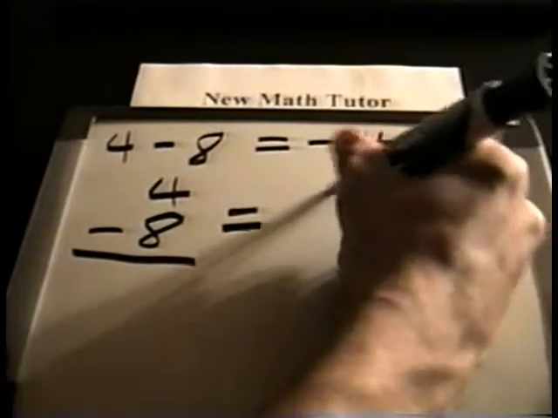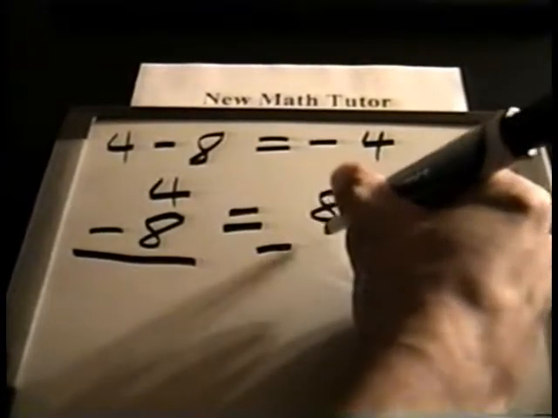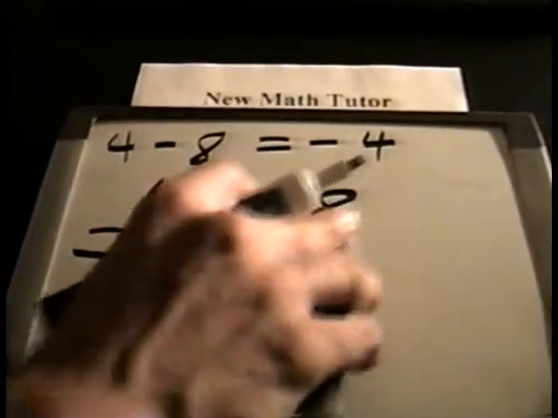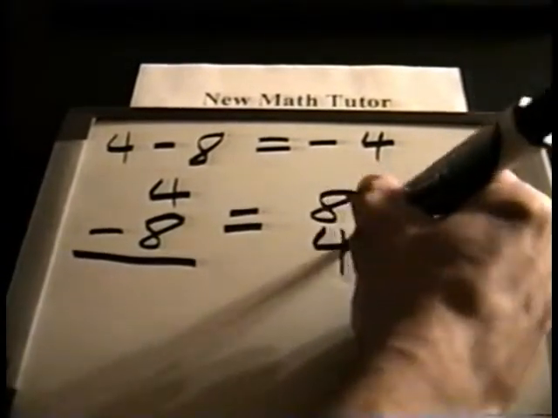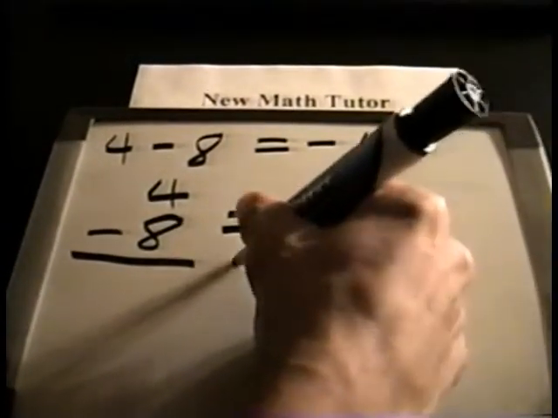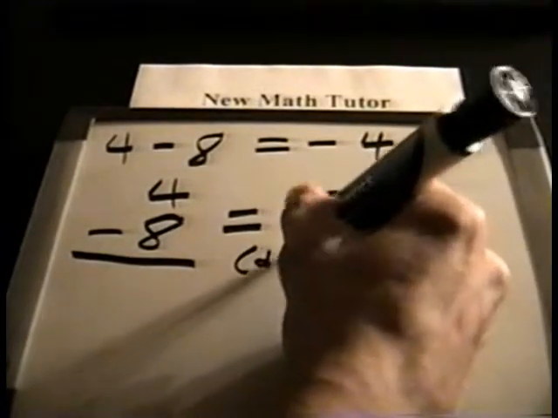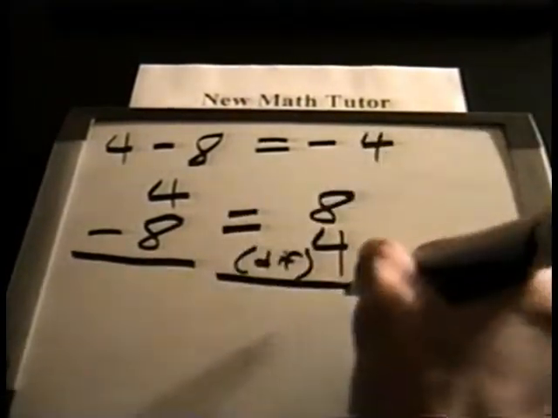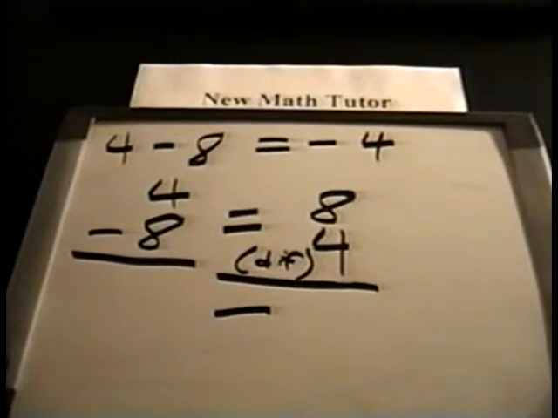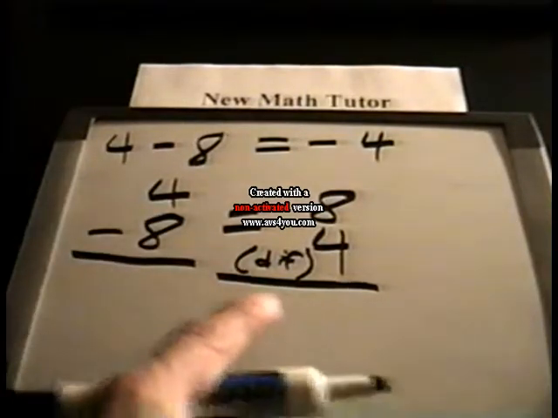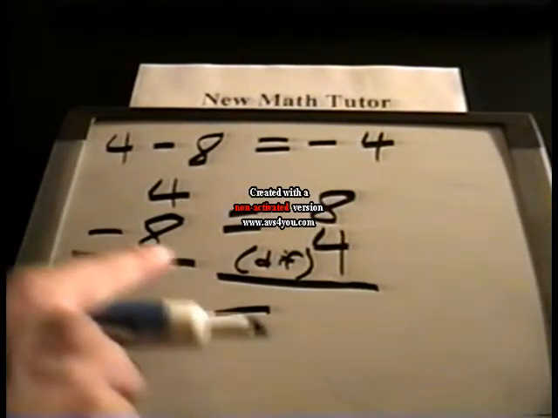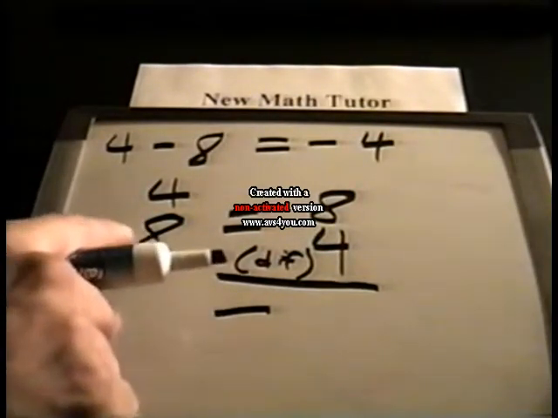So here 4 minus 8, you can set that up like so. But also, this equals, we could say 8 minus, we could say find the difference between 8 and 4.